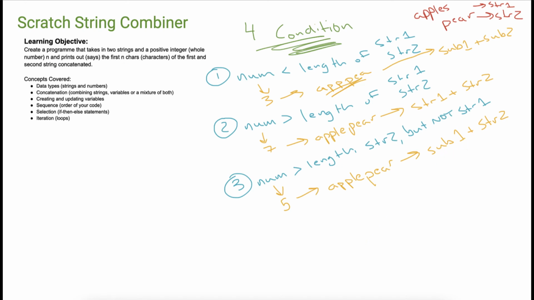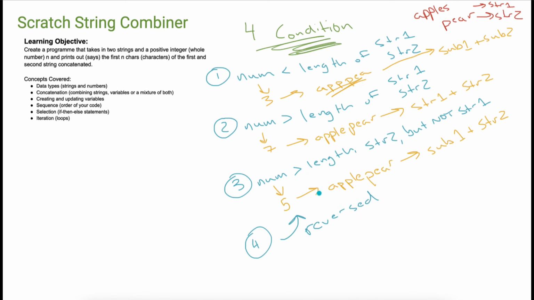That's a little confusing, but if we were writing in a text-based programming language, we would have to do this. And then the fourth condition is literally just this one, but reversed. Instead of the number being greater than the length of string 2, it's greater than the length of string 1. So it's the opposite of this one.